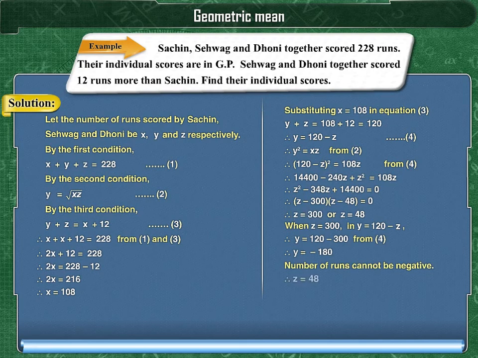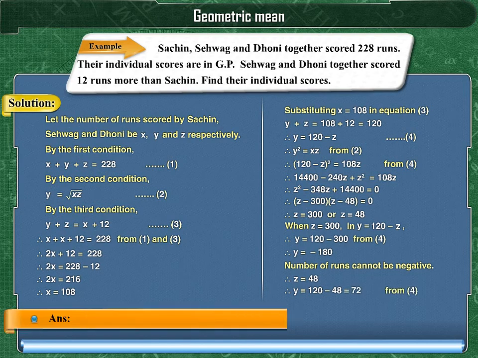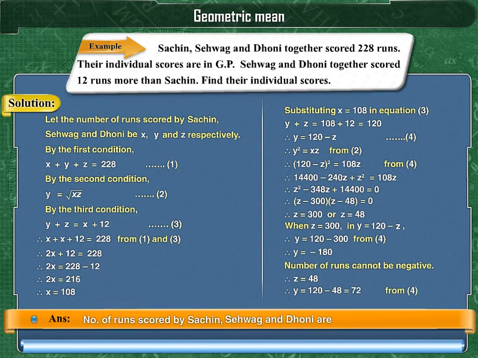Therefore, z is 48. Substituting z is 48 in y is 120 minus z, we get y is 120 minus 48, which is 72. Therefore, number of runs scored by Sachin, Sehwag and Dhoni are 108, 72 and 48 respectively.